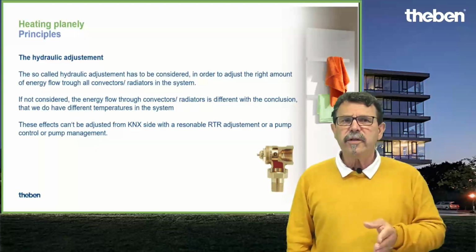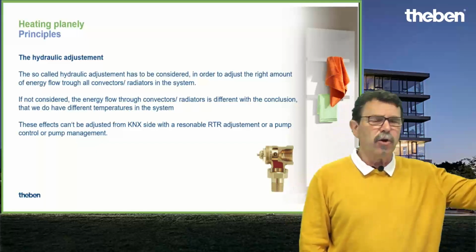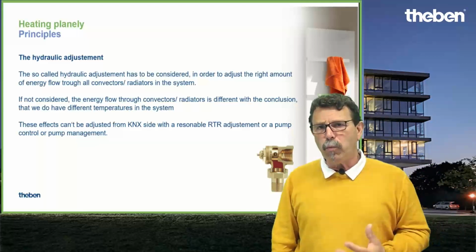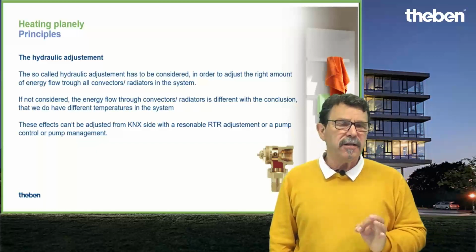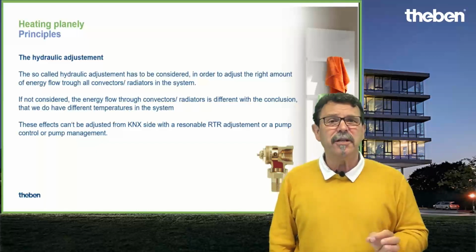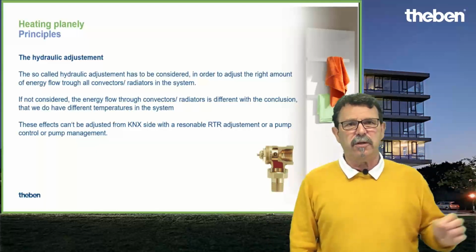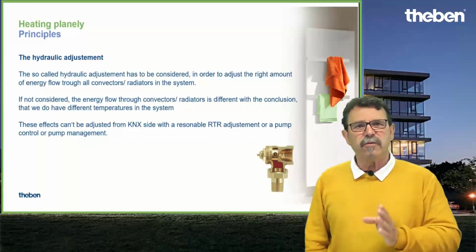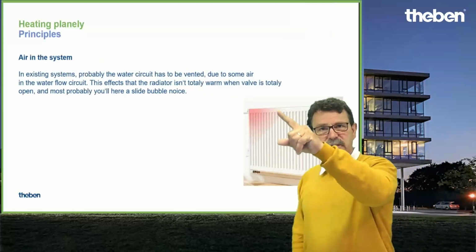The water flow through this radiator has to be equal to the radiator next and the over next. So that means that all radiators have the same amount of warm water flowing through the heating system. If this hydraulic adjustment is not made properly, you have such kind of effects. And you can't manage it with any kind of KNX application modifications. So forget this. This is a hardware problem which has to be solved by the heating specialist.